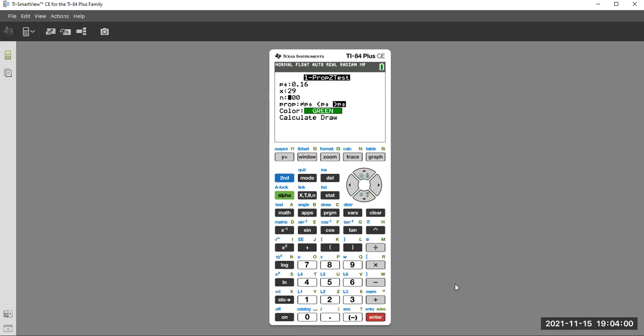X was 29, N was 200. We had a left tail test. We'll go ahead and calculate that. I need the p-value. There's my p-value, 0.2184 and change. I'll take 3 significant digits. It's a probability, 0.281.